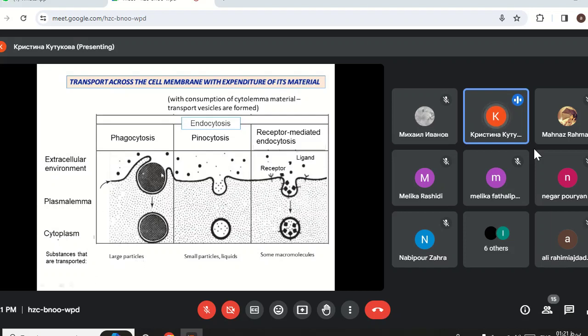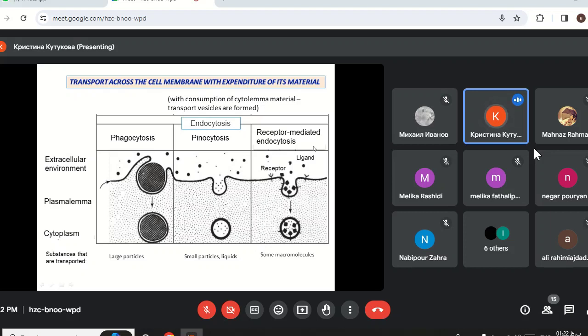So here some large particle is eaten by the cell, and the vesicle containing this particle goes into the cytoplasm of the cell. Pinocytosis is when the particles are small or liquid. So just the pinocytotic vesicle is formed.